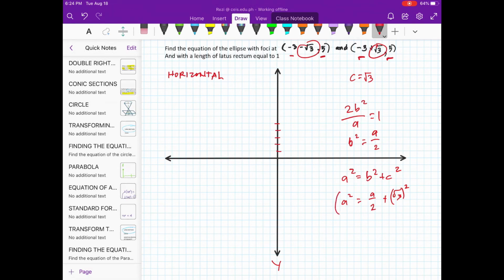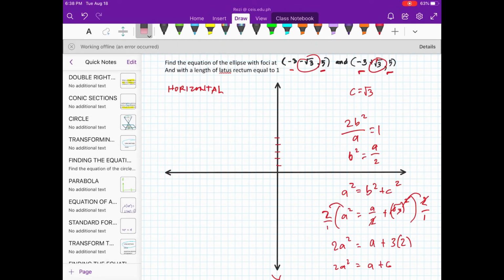So let's multiply the whole equation by 2 over 1. Solving this equation, we get this one.